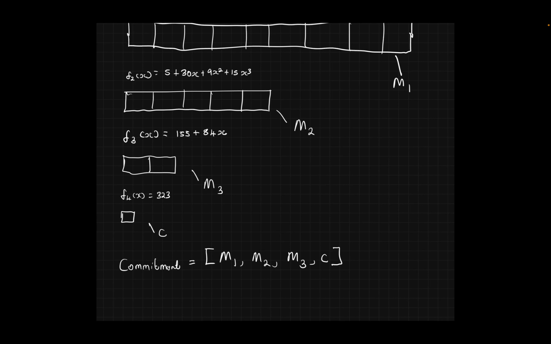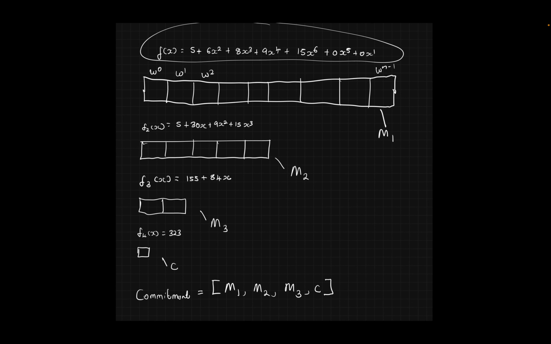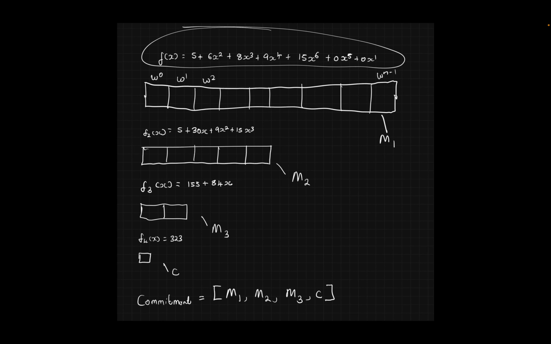The commitment is like all the root hashes. Yes, combine all the root hashes of all the folded polynomials, including the top one, except for this one. So you're Merkle committing each of them. Yes.